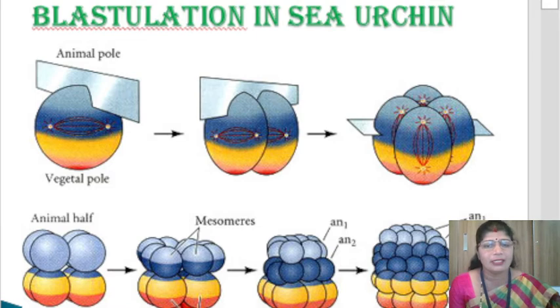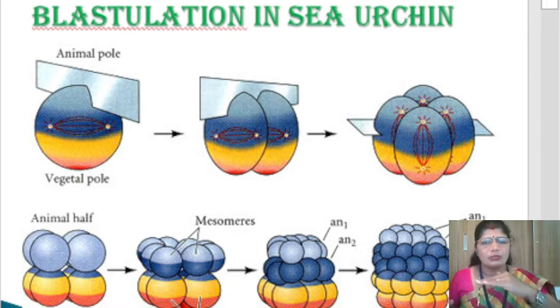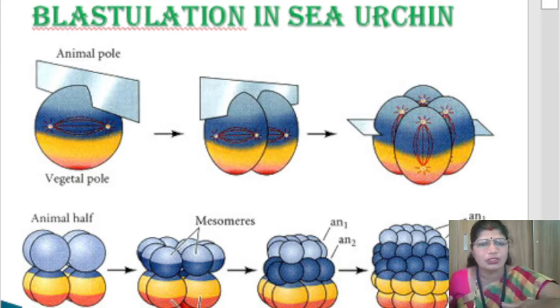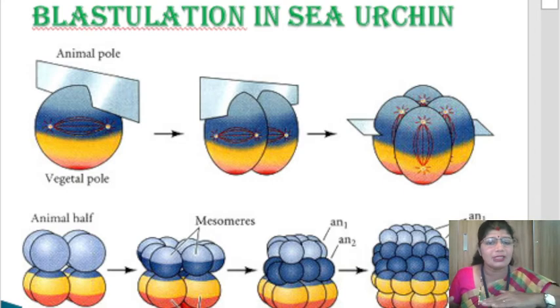It will divide the animal pole cells into mesomeres. So at the animal pole, an equatorial division takes place. That is the fourth cleavage. The same division takes place at the vegetal pole also.